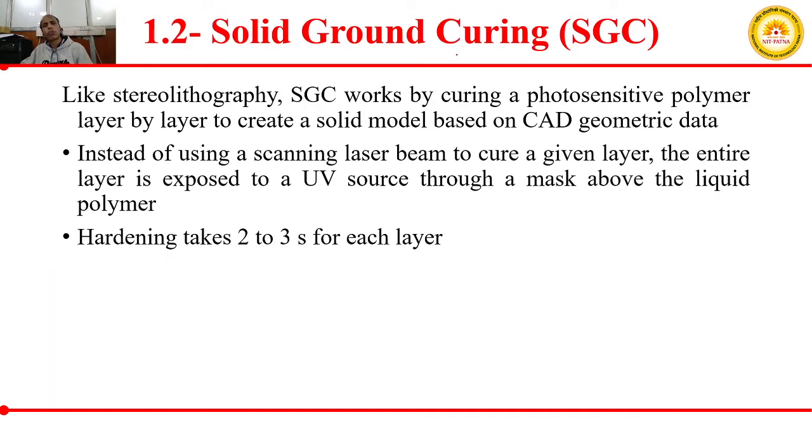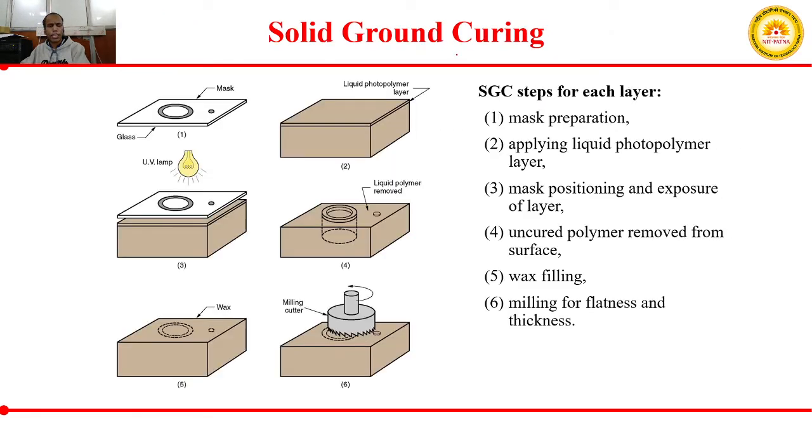Next, under liquid based RP technologies, we have solid ground curing. These slides I will be sharing; PPTs I have already shared, so you will find this introduction self-explanatory in nature. Under solid ground curing, again we are passing some UV light on liquid photosensitive polymers.